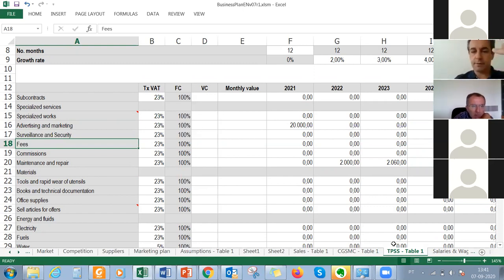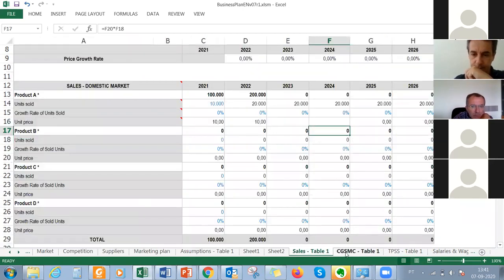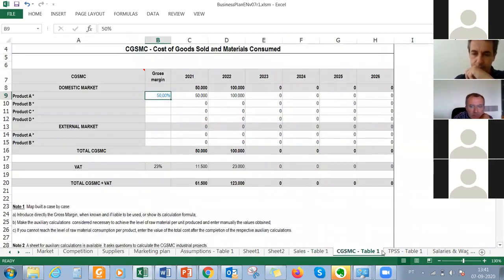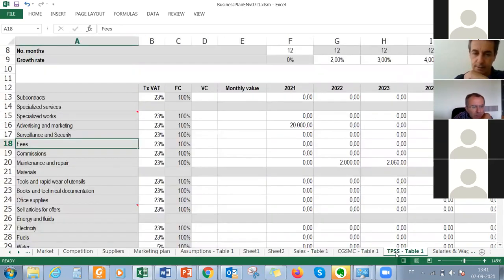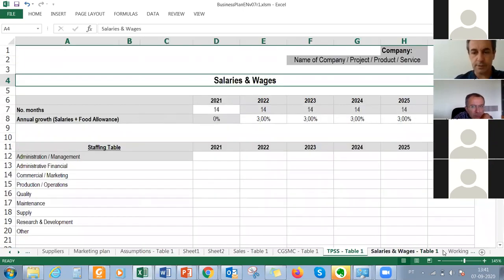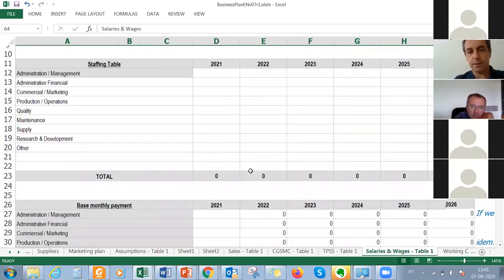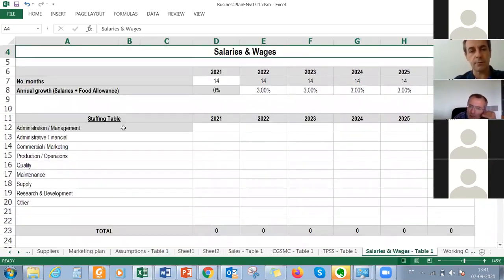So third, sales, raw materials, services. And then there's one other that is very important, that is salaries. So the costs with wages, with staff.